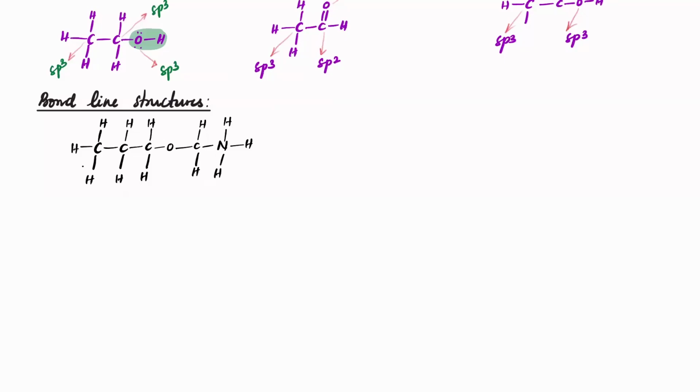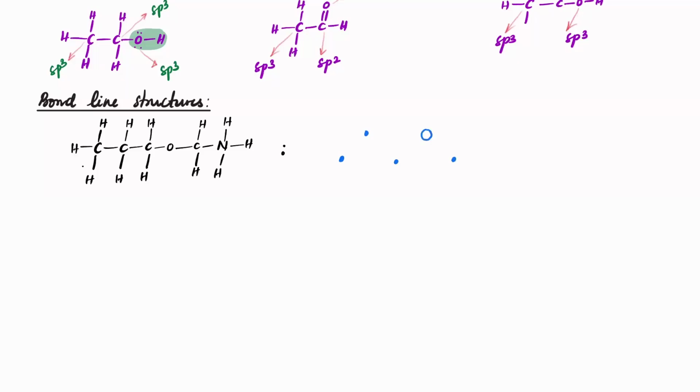Now, for this molecule, if we do like this, every carbon has one dot. So, like this, I'll take one dot here, another dot here, another dot here. And then there is an oxygen somewhere in between, and that oxygen is connected to another dot.